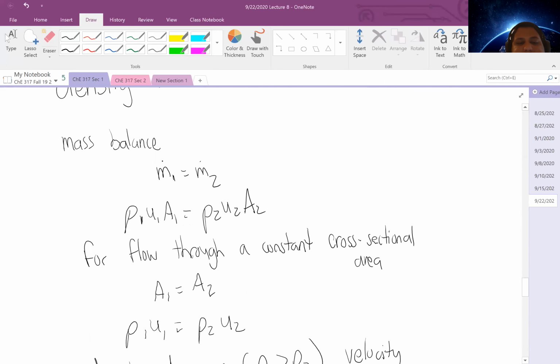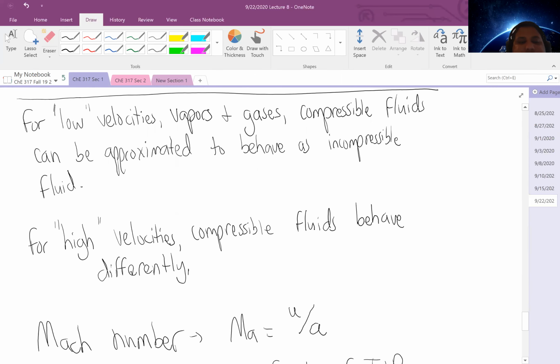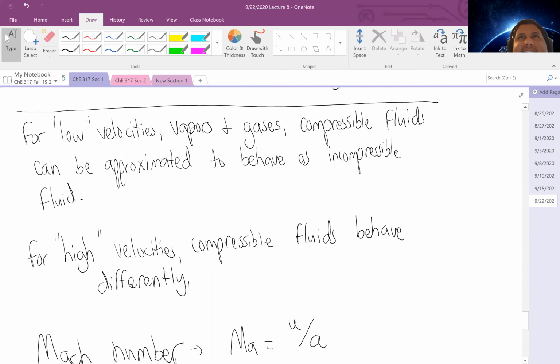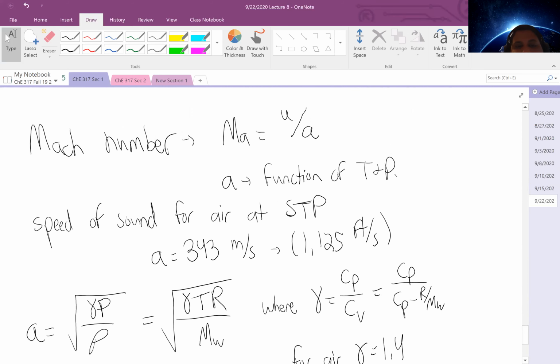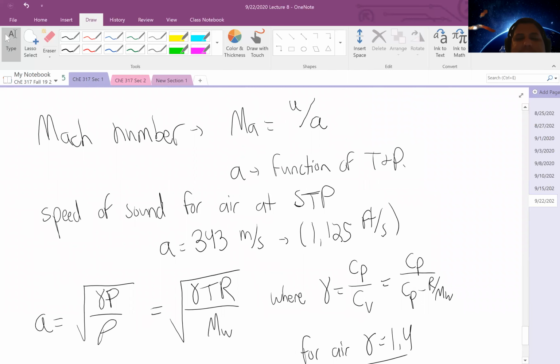And thus, since we can approximate quote unquote low velocity fluids as incompressible fluids and high velocity fluids as behaving where compressibility becomes an important factor, we have to consider the implications of these velocity fluctuations. And so we can quantify whether a fluid can be approximated as incompressible or compressible by looking at its Mach number, which is a function of its current velocity relative to the speed of sound.